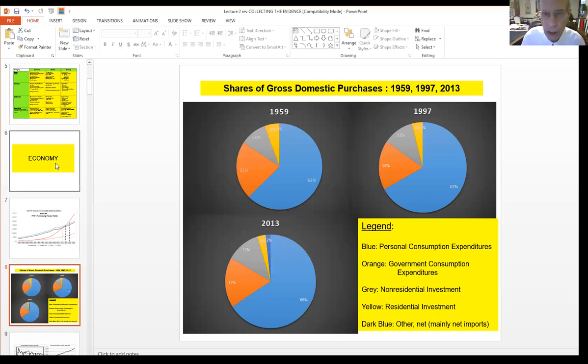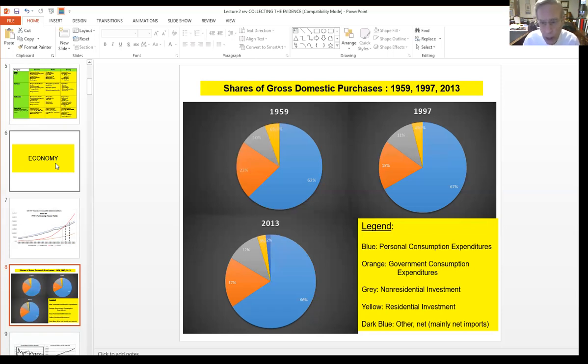So consumer spending was a big part of the economy. The government represented almost a quarter, 22%. But as we take a look at the pie charts going forward, what we see is that at just about the turn of the century, 1997, consumer spending represented 2/3 of the GDP, and just about the same in 2013.